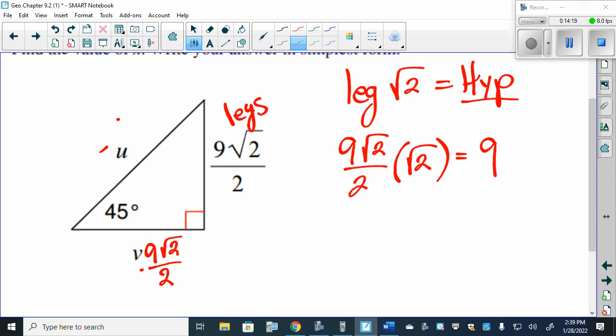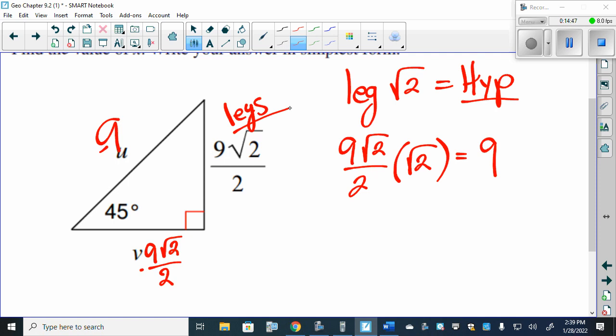Well, then I would have the hypotenuse, yes? If I divided 9 by the square root of 2, what would I get? Because if I have the hypotenuse and divide it by the square root of 2, I get to the legs. If I have the legs, I can multiply it by the square root of 2 to get to the hypotenuse. And that's it.